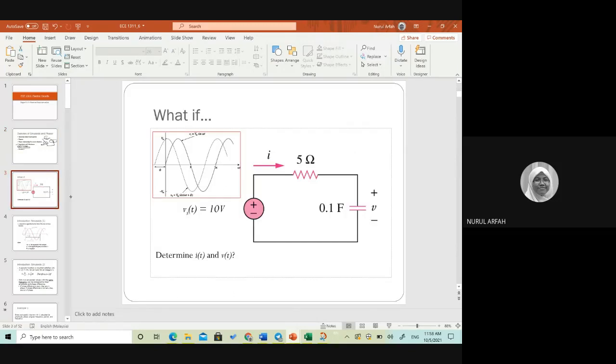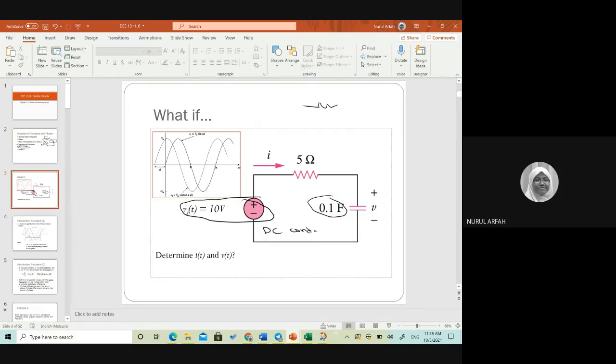Okay. And then for this part, like I said, if you have the DC voltage here, because this is under DC condition, the capacitor will act like what? Open circuit or a short circuit? Open circuit, right?